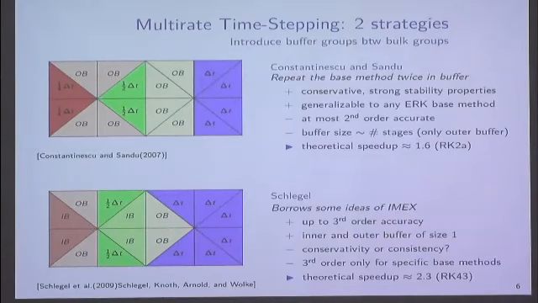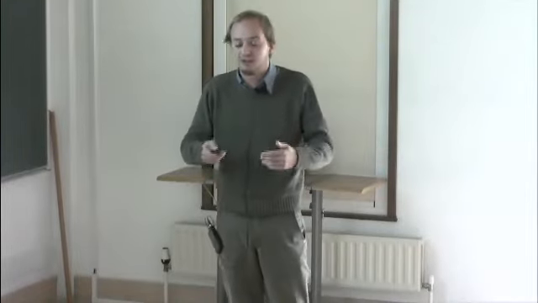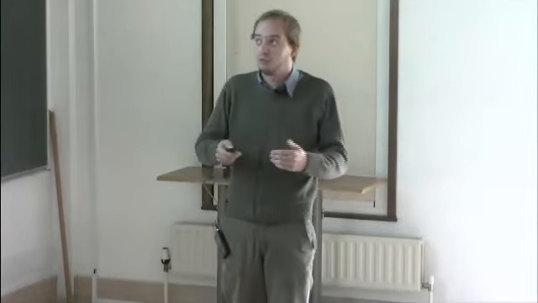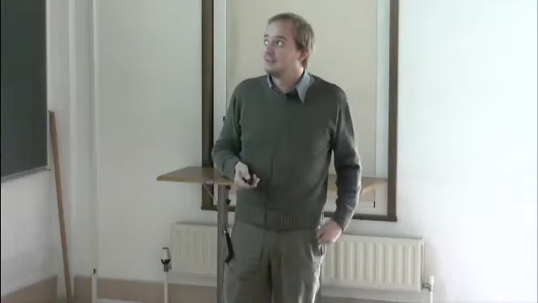For the first one, the idea is to introduce buffer groups. We will call them outer buffer groups because they use the time step of the group next to them, the biggest time step between 2 groups of elements that are integrated with their own time step. The idea is to repeat twice the base method for these elements, to be able to communicate with the small elements that need twice more computations, twice more stages to achieve the same final time step.